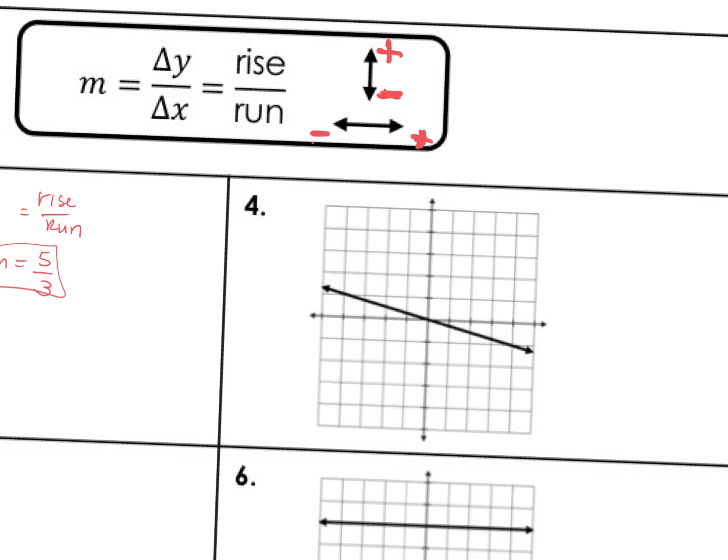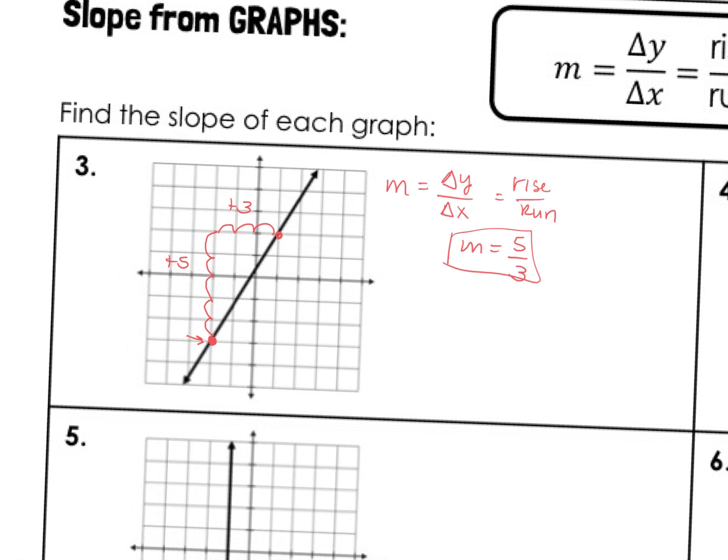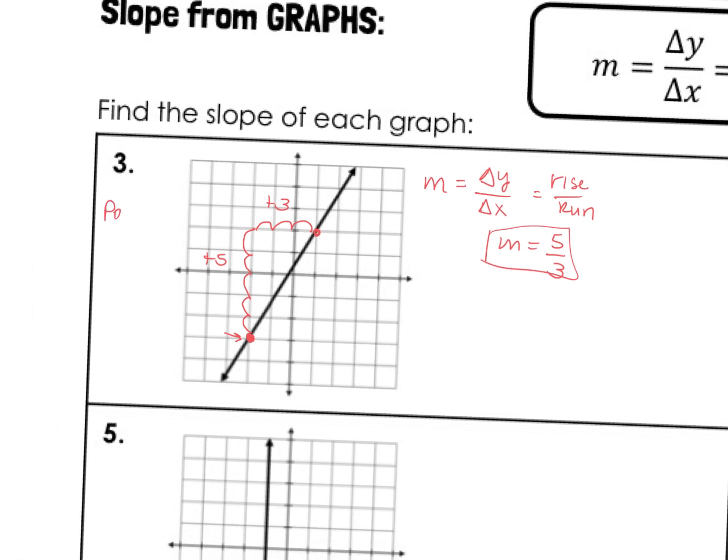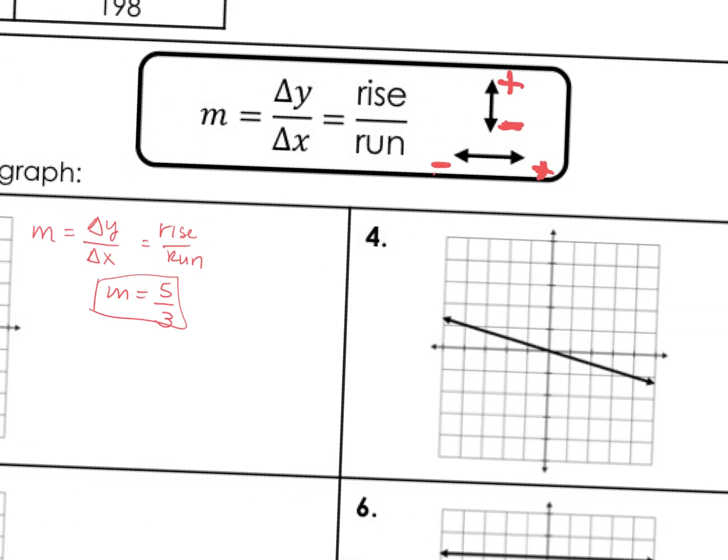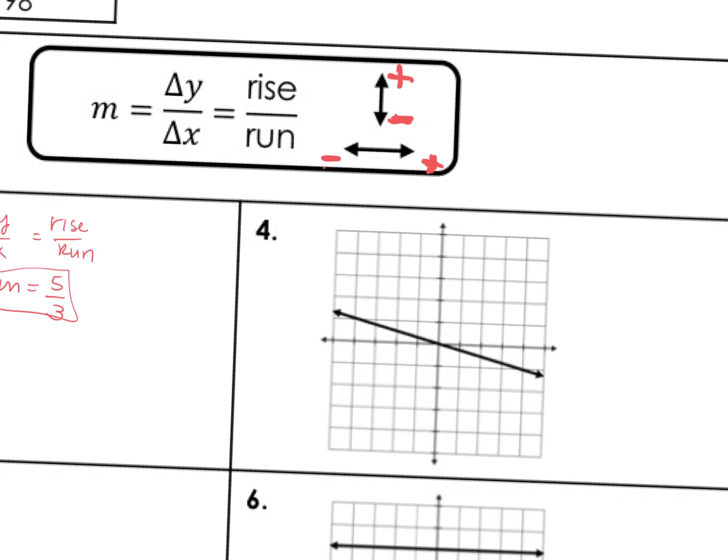Number 4, we're going to find 2 points that cross the... wait, let me go back. In number 3, this is a positive slope. Number 4, when you read your graph from left to right, if it's going down, that means it's a negative slope.